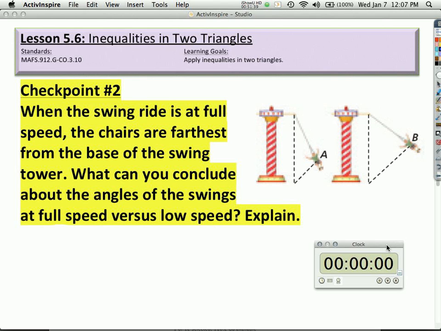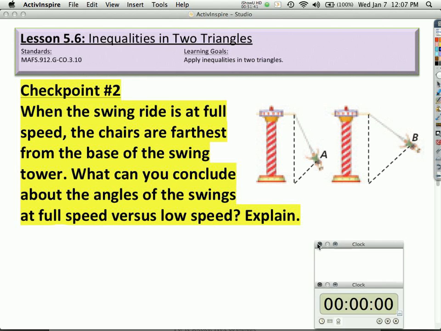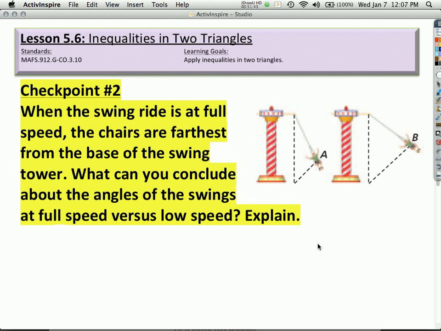Okay, what can you conclude about the angle at full speed versus low speed? Stay on your toes. Here we go. What do you have to say? Student number 4, what do you have to say? The angle of the person, like the top of the pole, it gets wider as it goes.